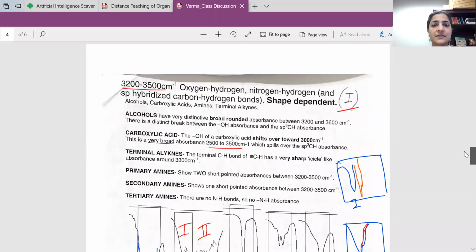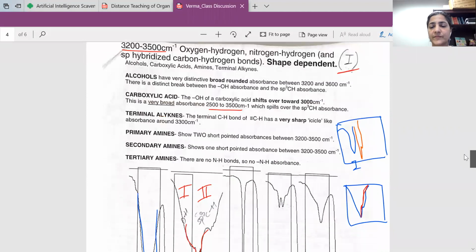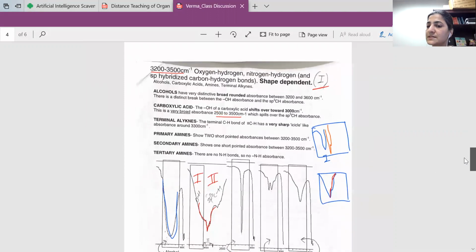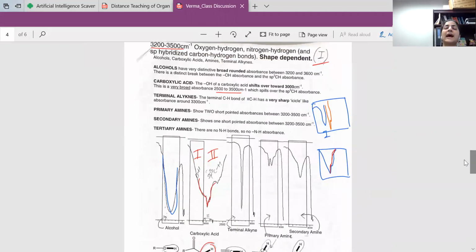For the first region, fortunately, all of the peaks do not appear as a single peak. They have different shapes depending on what bond type it is and what other molecules are attached to it.